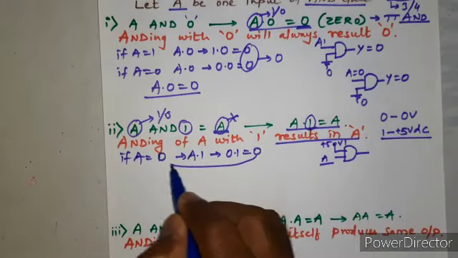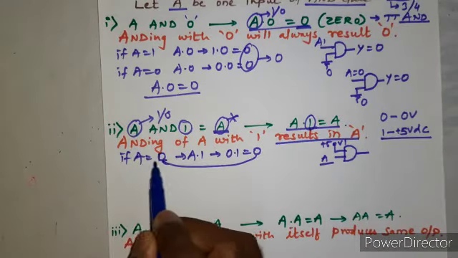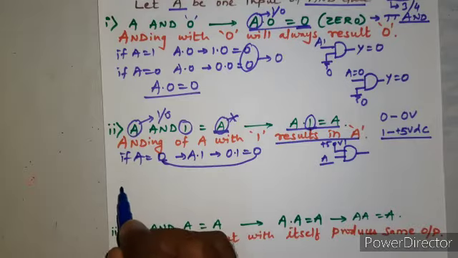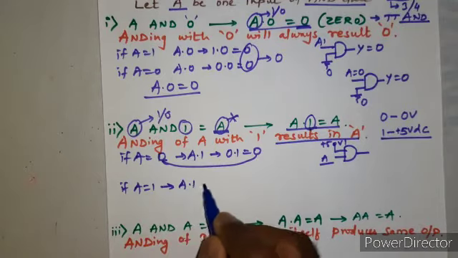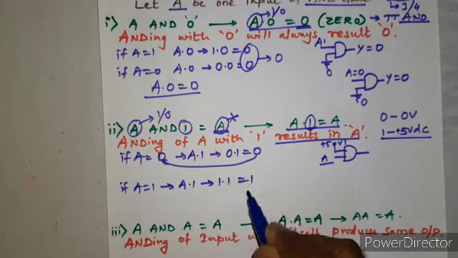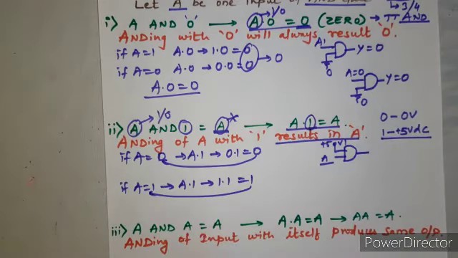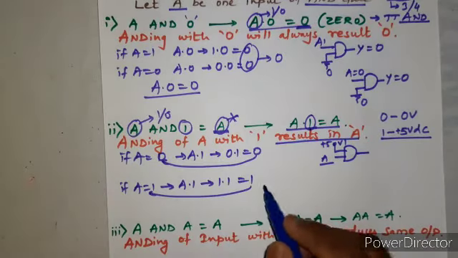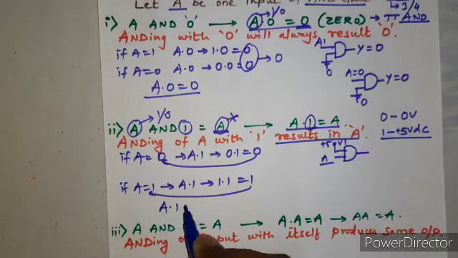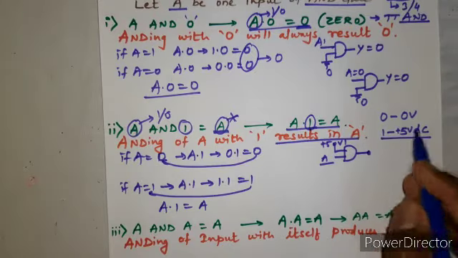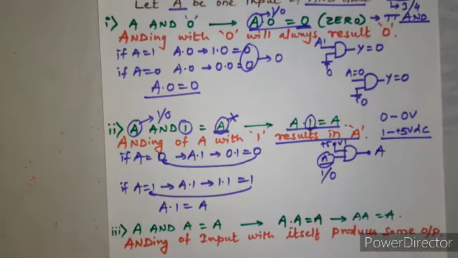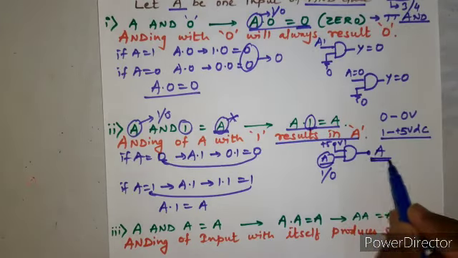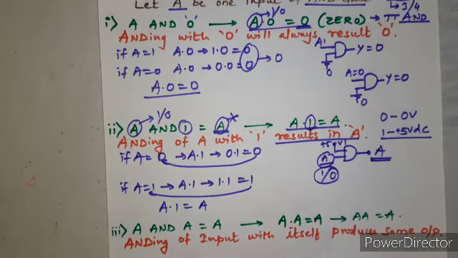Now this 0 is the value of A. If A equals 1, A dot 1 means 1 dot 1, which is 1, and this is the value of A. Hence we can say that A dot 1 is always equal to A. So this output is A. Now this A can be 1 or 0, so the output will depend on this value.